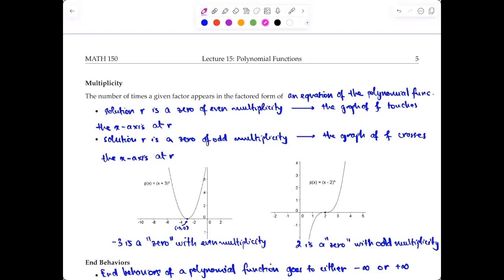This is 3 times. This is 3 times. You good with the definition? I'm aware that this might sound confusing if you just read it, but hopefully this example demonstrates the concept, that the multiplicity is the number of times a given factor appears in the factored form of the polynomial function.